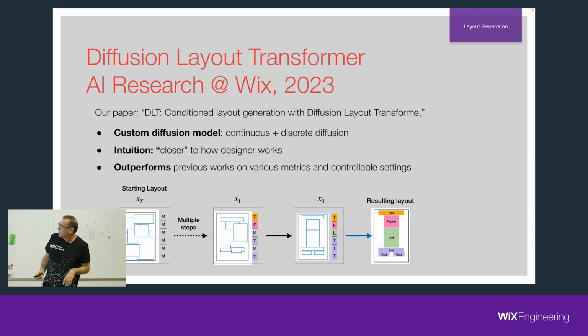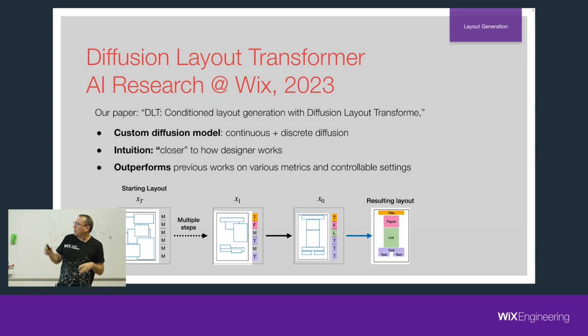And our intuition was that that may limit the performance of the model, because when we're actually generating a layout, the position and the sizing of elements is not a discrete variable, right? It's actually something that is continuous, whereas the discrete variable is the type of component we want to generate, whether it's a title, figure, list, or text, right?